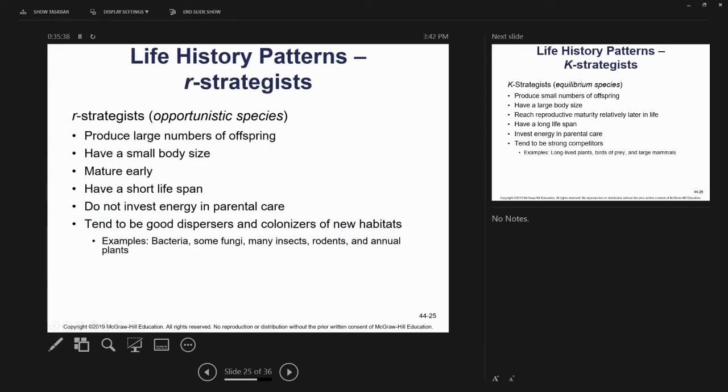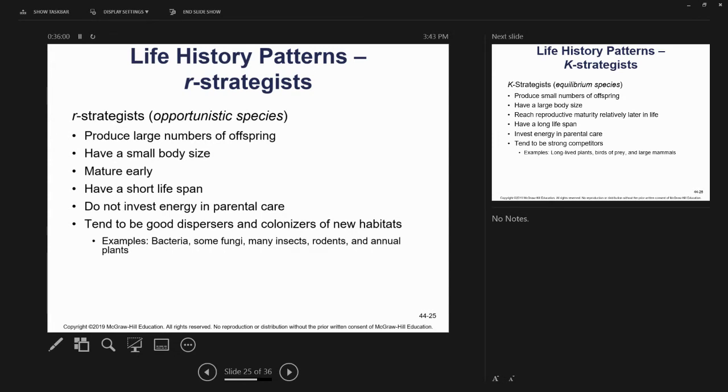So if we look at our R strategists, they tend to be opportunistic species. We think of them as weeds. They produce a large number of offspring. They typically have a very small body size, so they can disperse really early, and they reach reproductive maturity early, right away, so they can reproduce and have lots of offspring again. They often have a short lifespan.